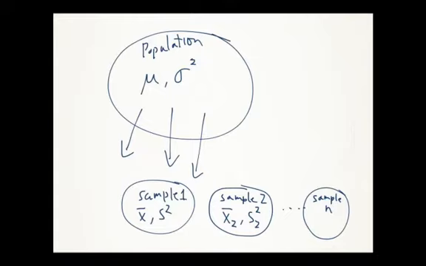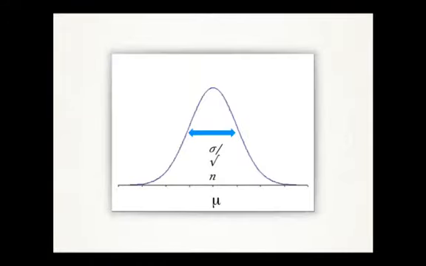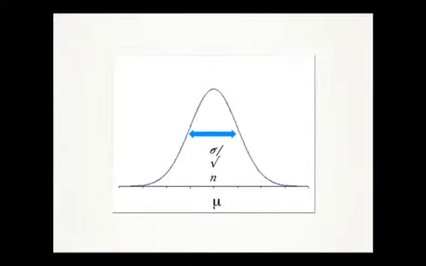If we had repeated samples from a normal distribution, the distribution of the sample means, we know, would look like this. This is supposed to be sigma over root n, the variability around the population mean.